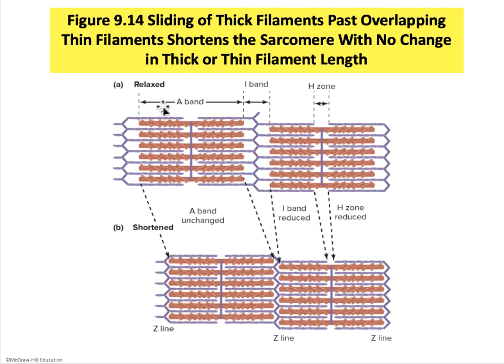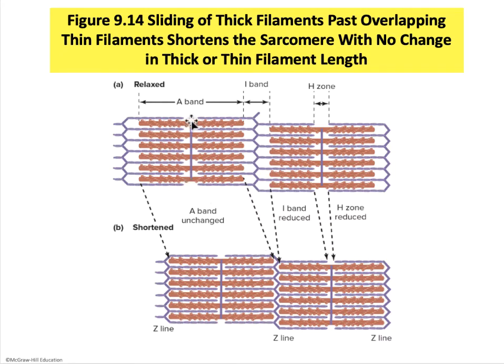During shortening, the A band does not change because the length of the myosin filaments is static. However, the amount of overlap between the actin and the myosin reduces the size of the I band and the H zone in each sarcomere.